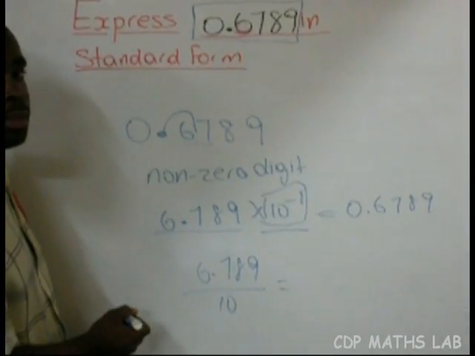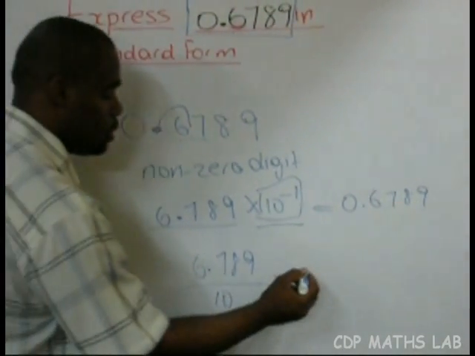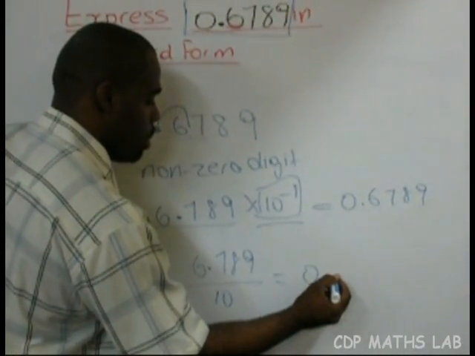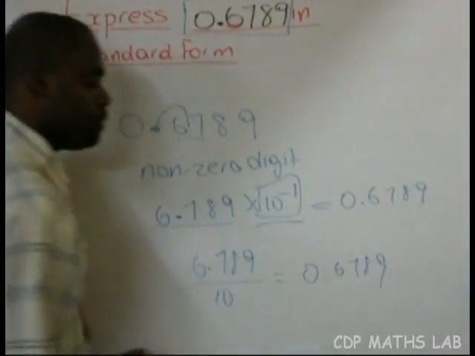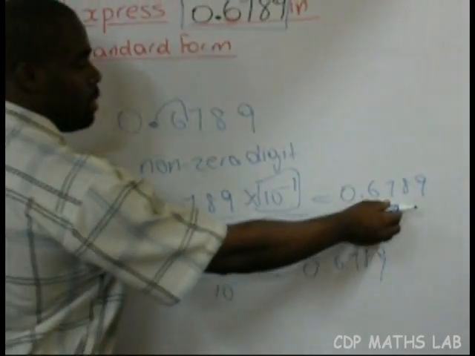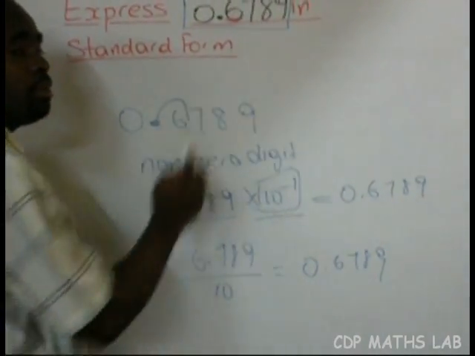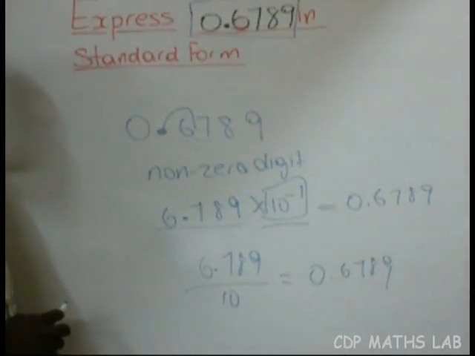Can you use the calculator? The answer will be 0.6789. Very good. So we still get the same answer, the number that we began with at the beginning.